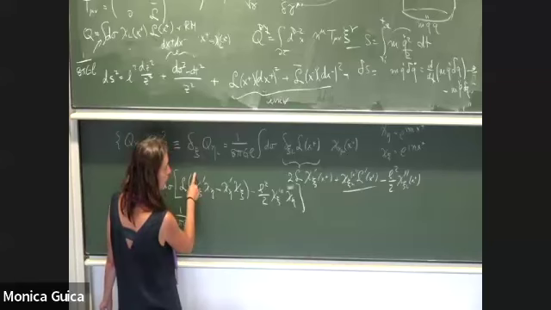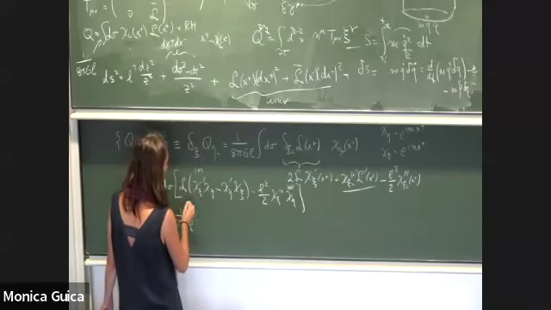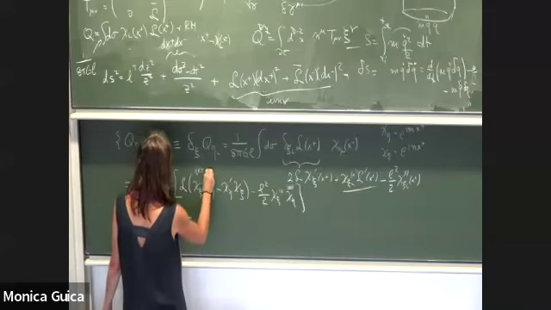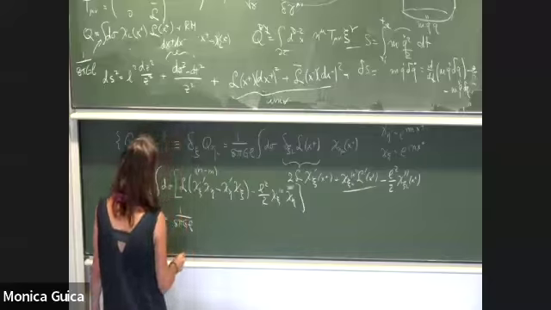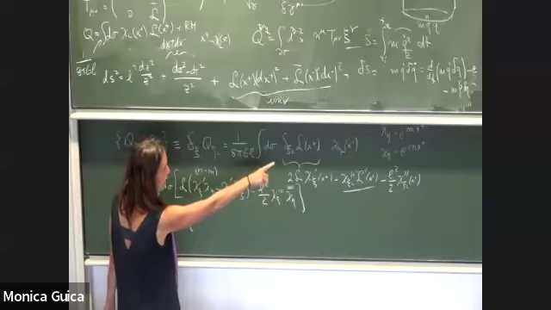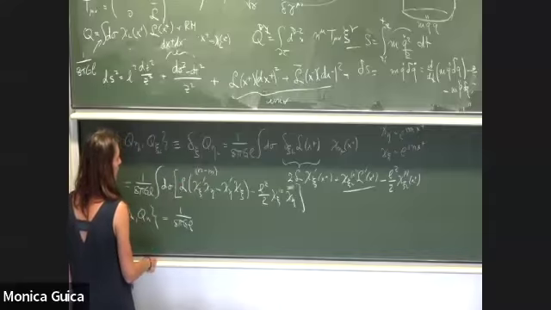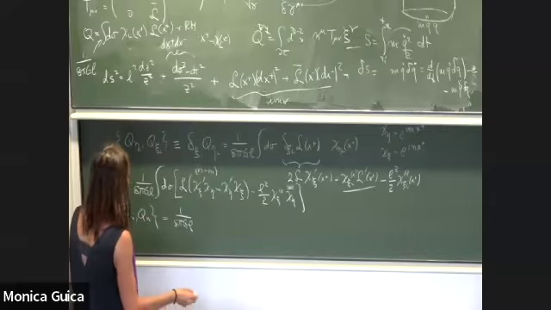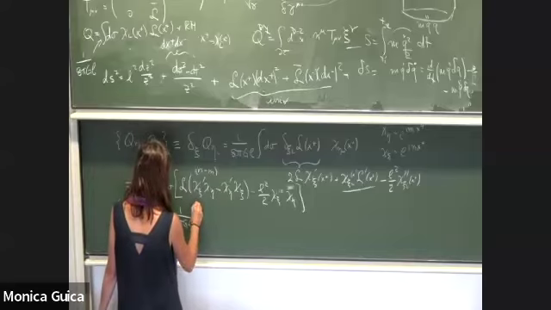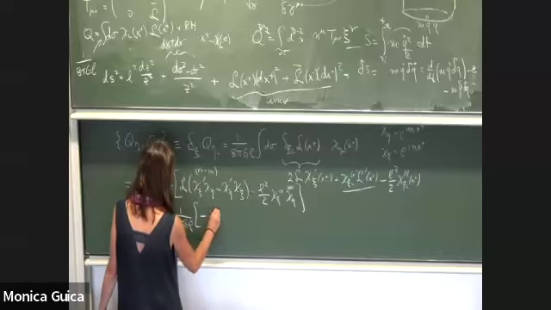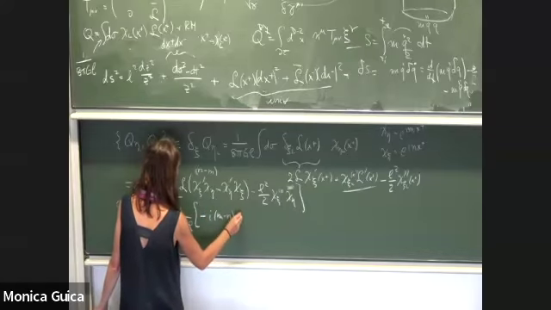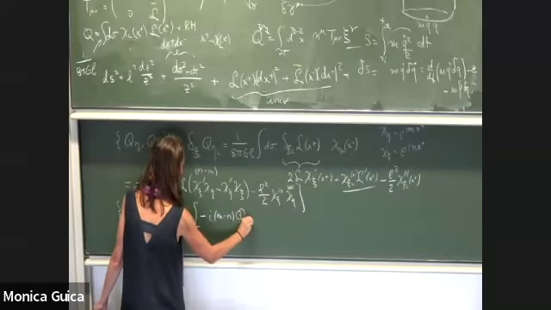This is going to give me i n minus m. And then I'm going to get e to the i (m plus n) x plus times L of x plus, and that is going to be Q m plus n. So what I'm picking up is minus i (m minus n) Q m plus n.